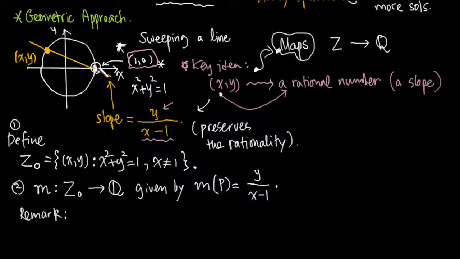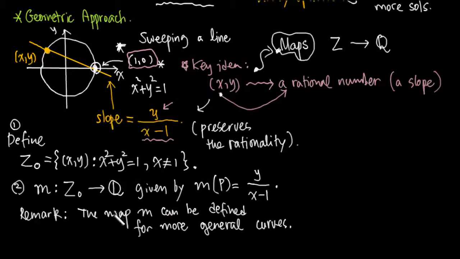Once you have a rational point, you can always draw a line and associate it with a slope. So the map M that we have defined here can be defined on much more general curves, of higher degree, as long as we have this rational point.